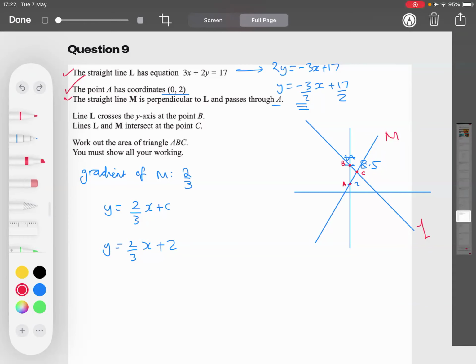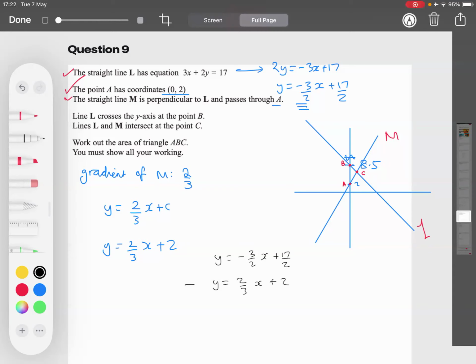But whenever it's the intersection of two lines, what do we do? Subtract the equations. Simultaneous equations. So we have to solve this one and this one. If I was to write them out nicely, I'd get y equals minus 3 over 2 x plus 17 over 2, and y equals 2 over 3 x plus 2.